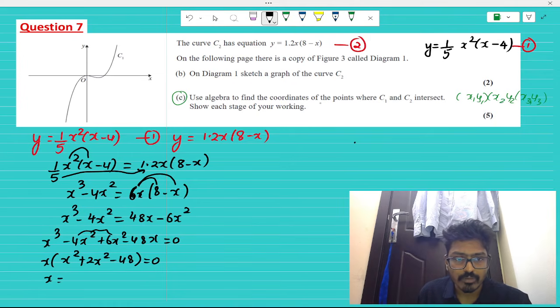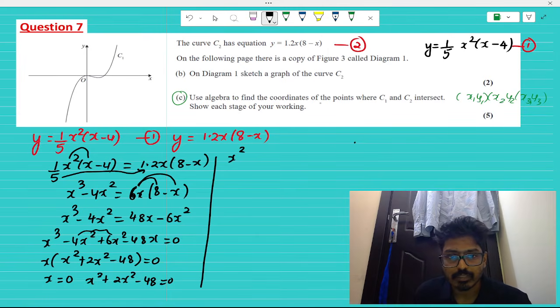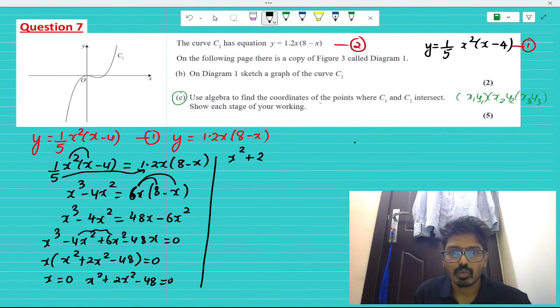So therefore we got x equivalent to 0 and x squared plus 2x squared minus 48 equivalent to 0. So we'll solve this quadratic equation. We can solve this. That will be x squared.